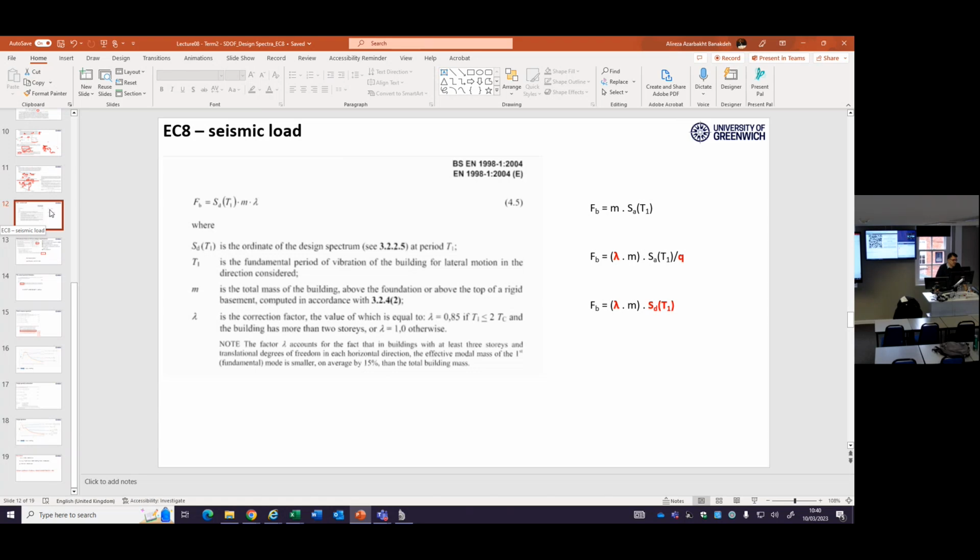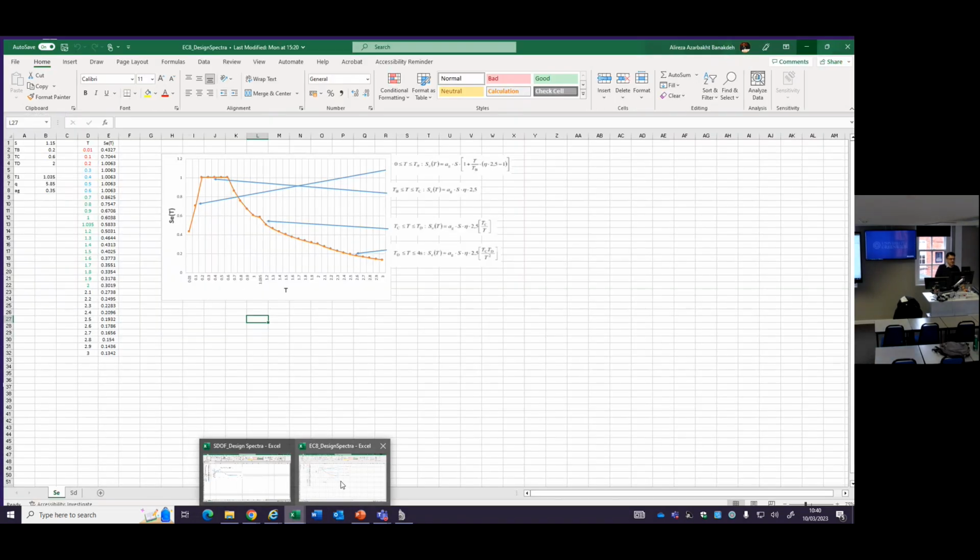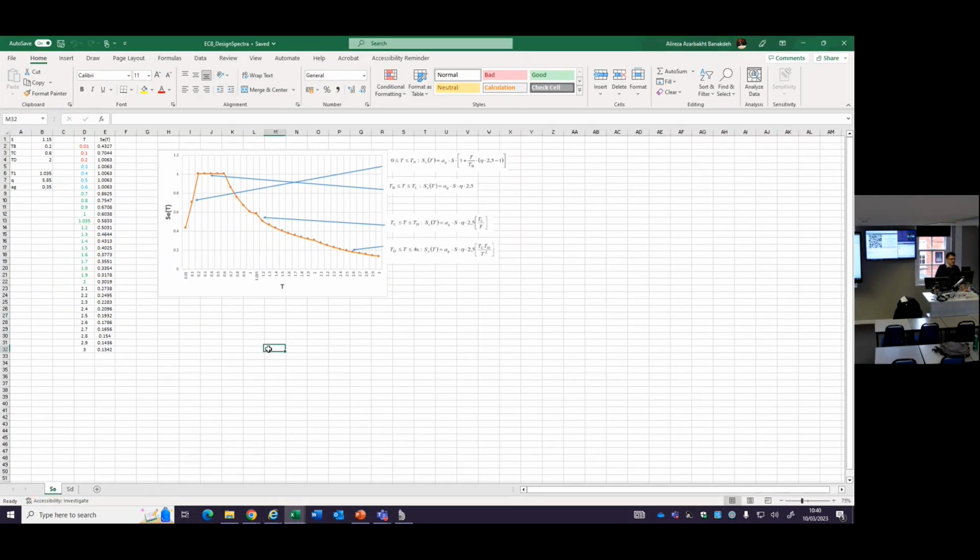We have a few slides just to illustrate how the Eurocode deals with the problem. And also we have 8 slides here to learn about the Eurocode 8 and the implementation of these stuff in Eurocode 8. And also I have prepared a very simple spreadsheet here.